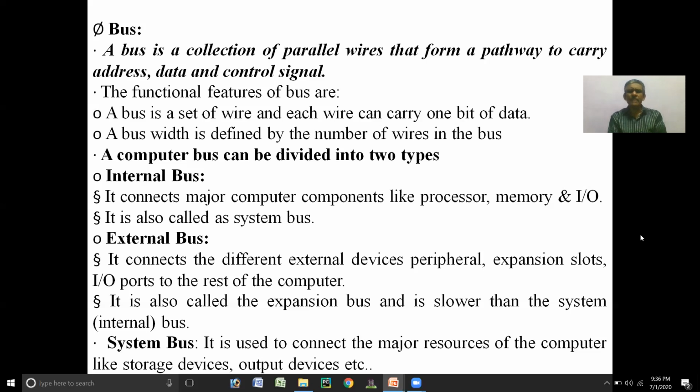Then what is a system bus? A system bus is used to connect the majority of resources available on the computer system, like storage devices, output devices, etc.